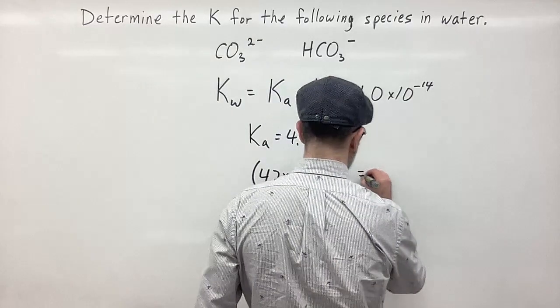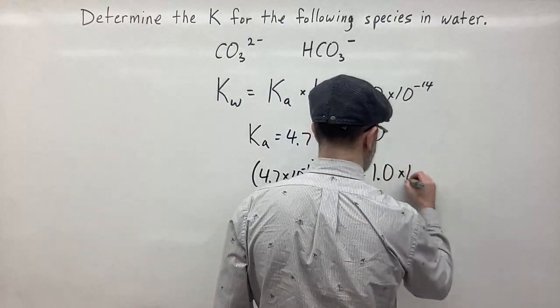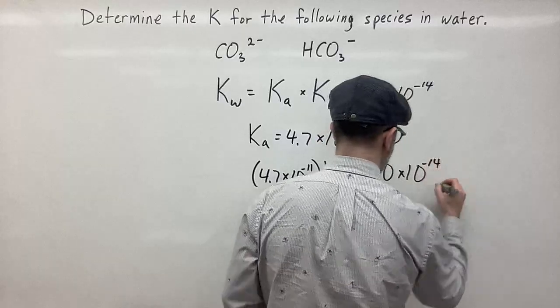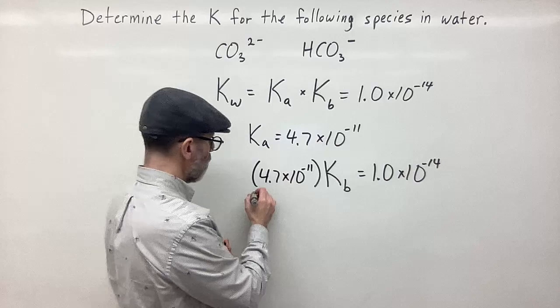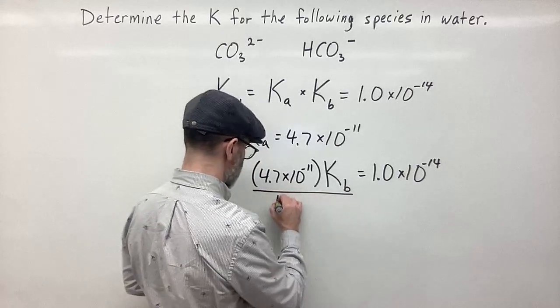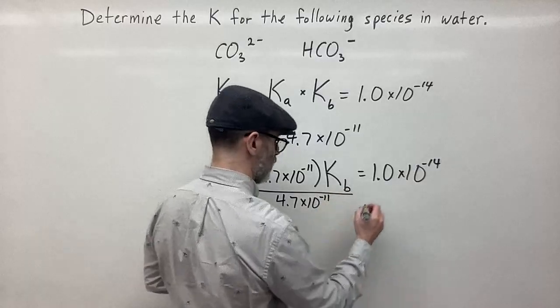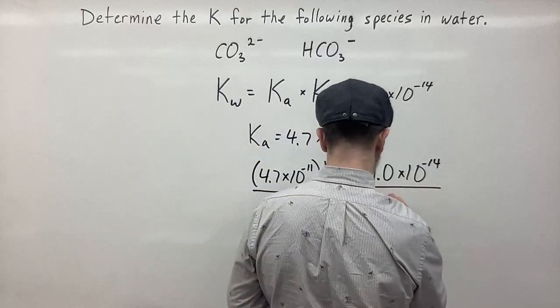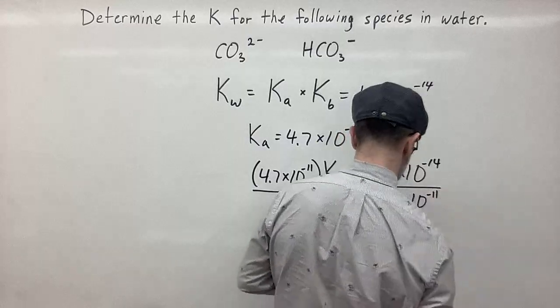And that's going to be equal to the Kw, 1.0 times 10 to the negative 14. Now all we have to do is solve for Kb by dividing both sides by 4.7 times 10 to the negative 11 here, and 4.7 times 10 to the negative 11 there.